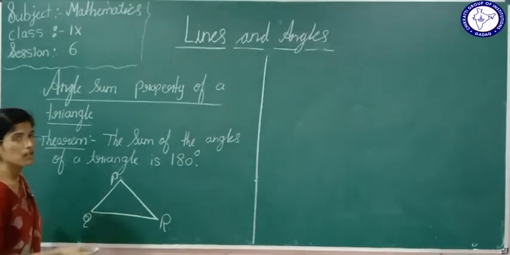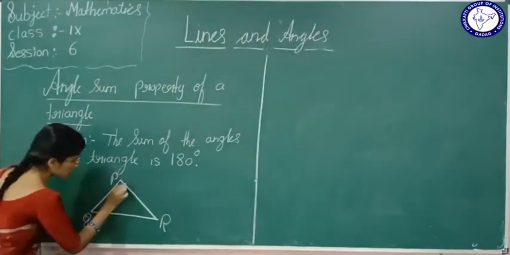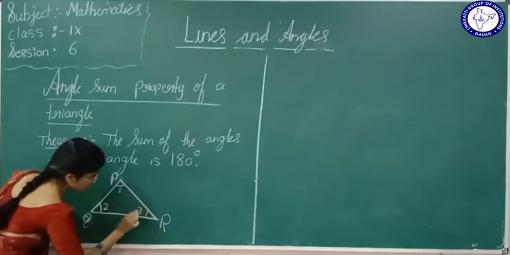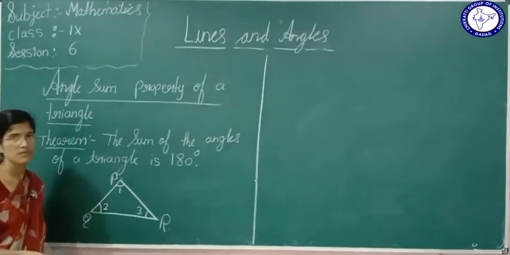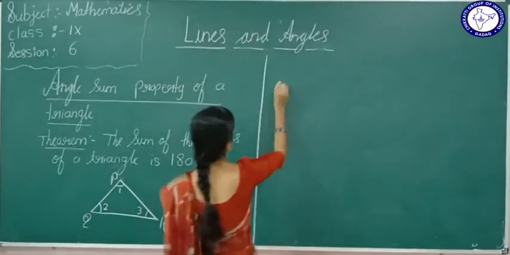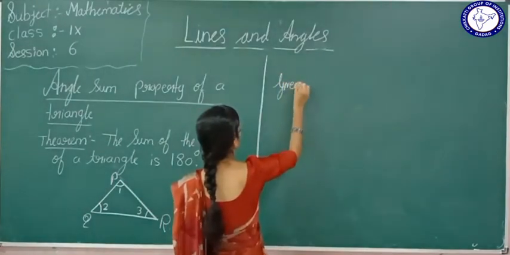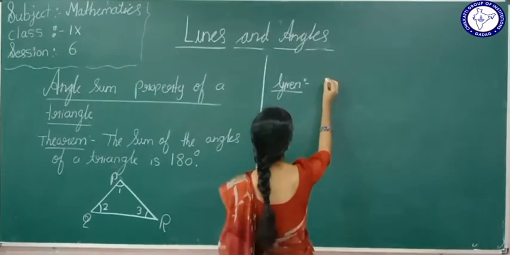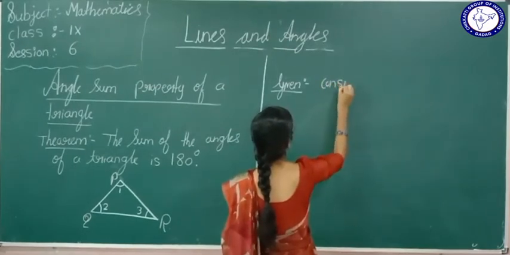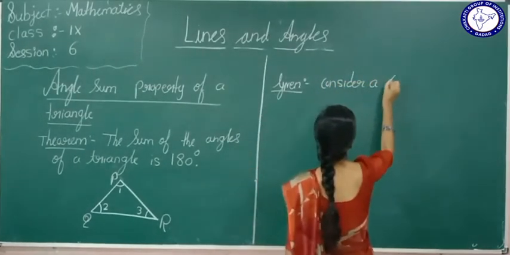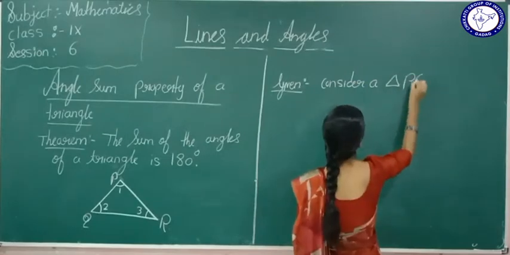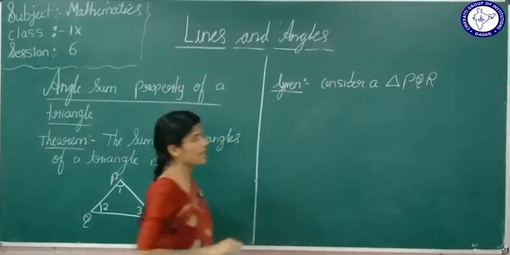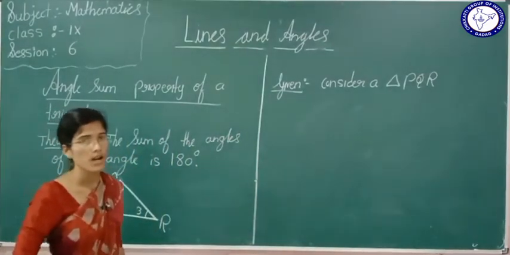Okay, we will name here this as angle 1, angle 2, angle 3. Okay, say given, consider a triangle PQR.